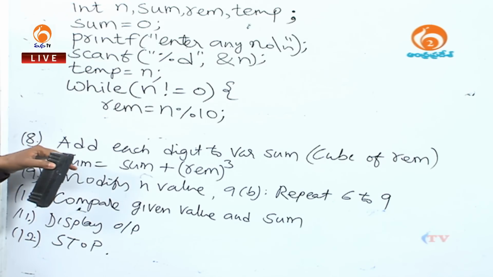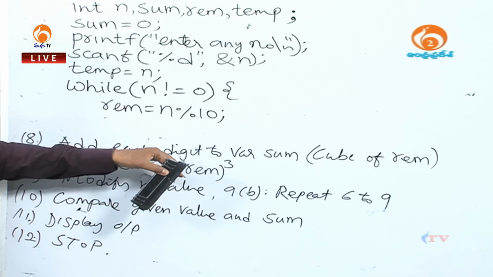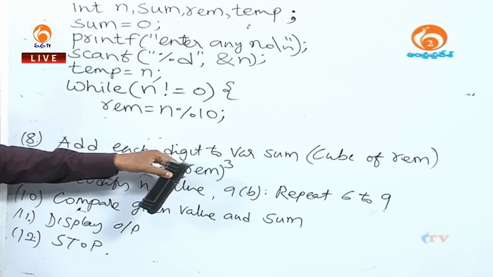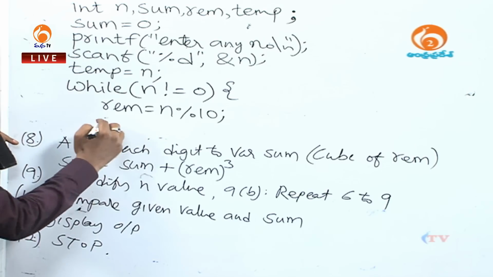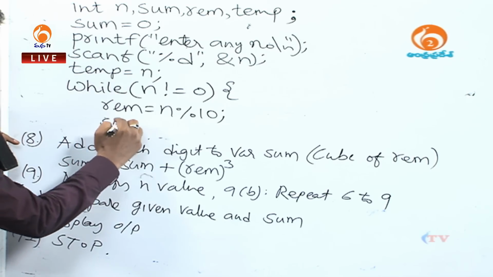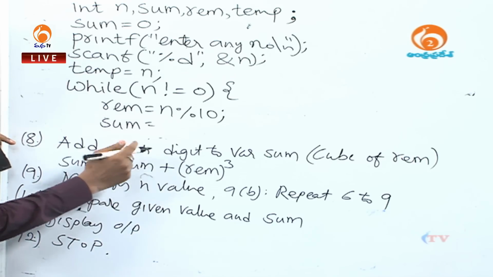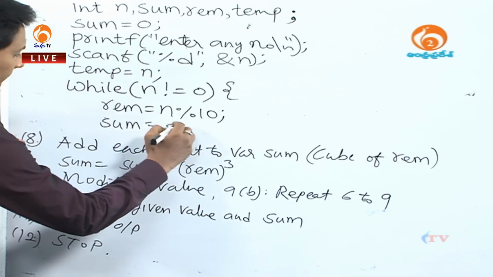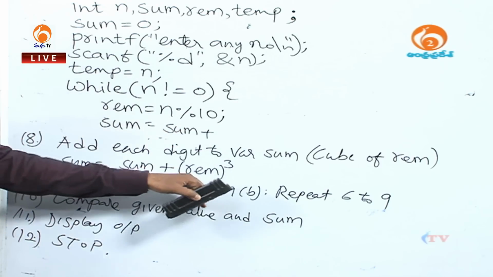Next, add each digit to variable sum. Add each digit means sum of cubes. How will it be written? Sum equal to sum plus remainder cube.